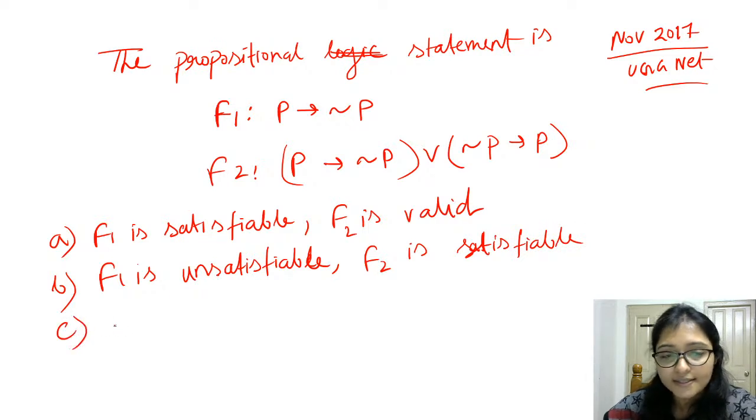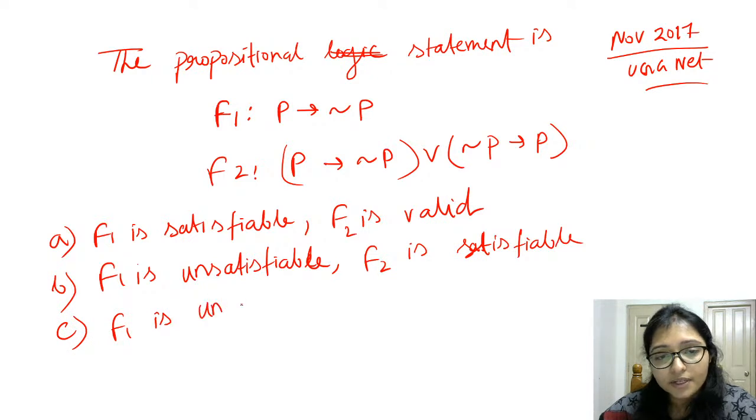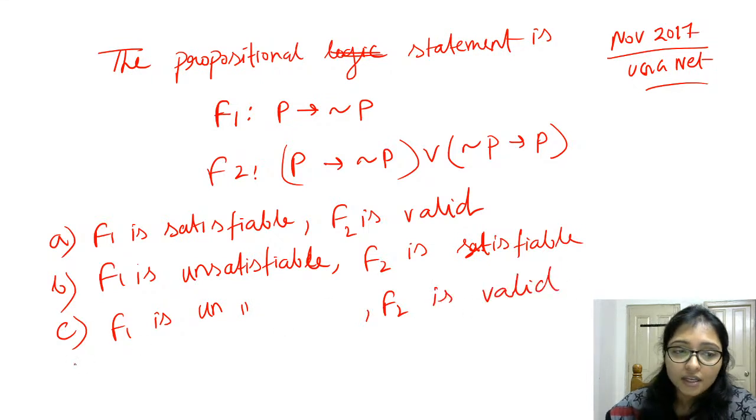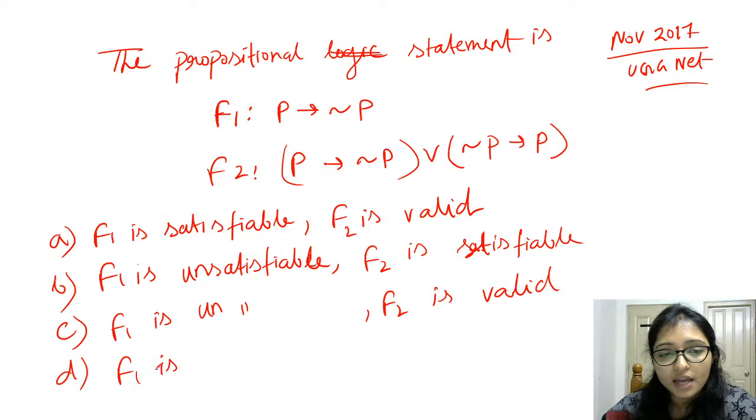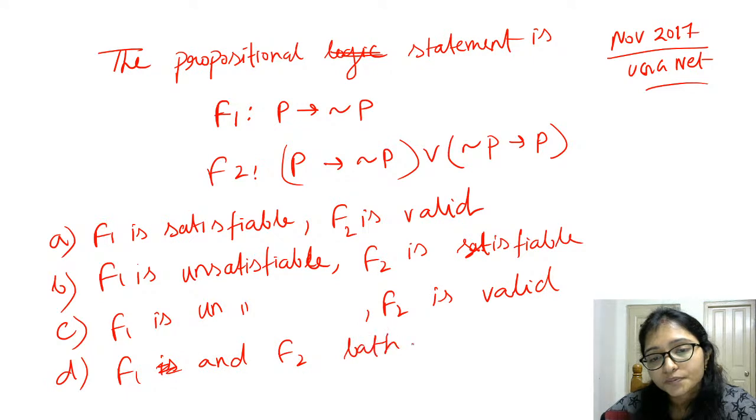Option C is F1 is unsatisfiable, and F2 is valid. And option D is F1 and F2 both are satisfiable.